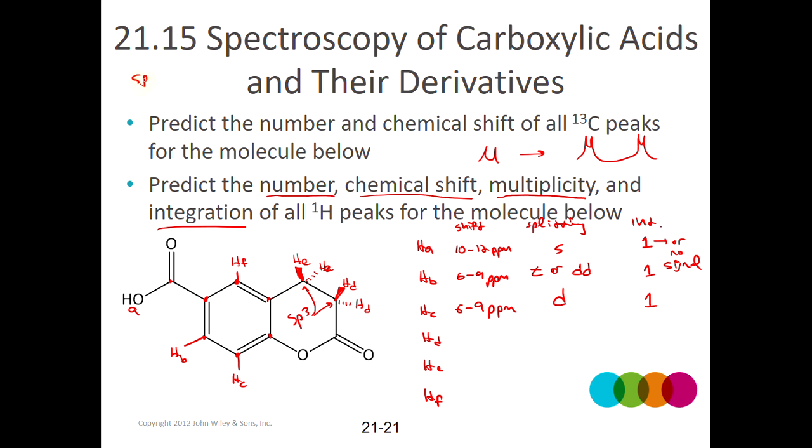If I have an sp3 hybridized carbon with a highly electronegative atom on it and a proton, that highly electronegative atom pulls electrons away so much that the proton's very deshielded. And so that adds about 2 to 3 ppm from where it would normally be, which is usually around 1 or 2.